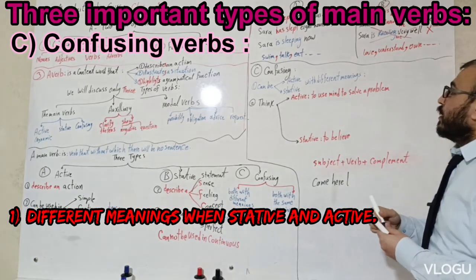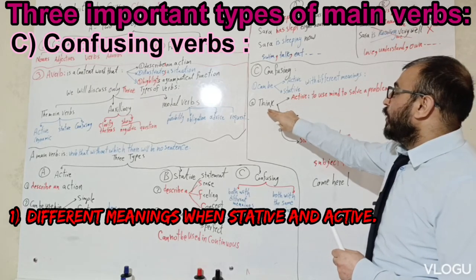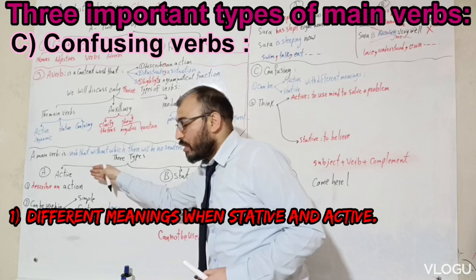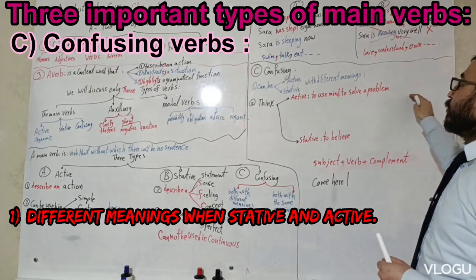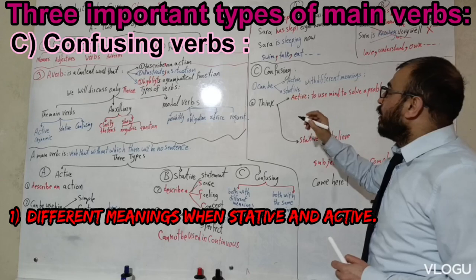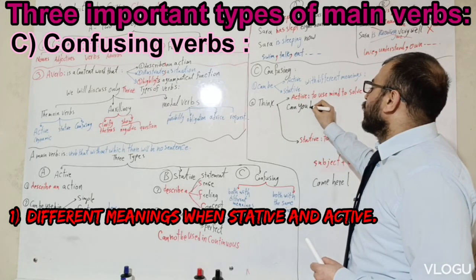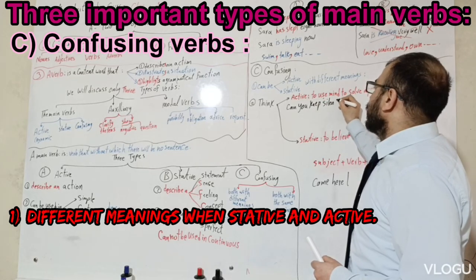Here, my friends, we take the verb think. If the verb think is used as an active verb, which means it can be used in all tenses, it means to use the mind, to solve problems. For example, can you keep silent?